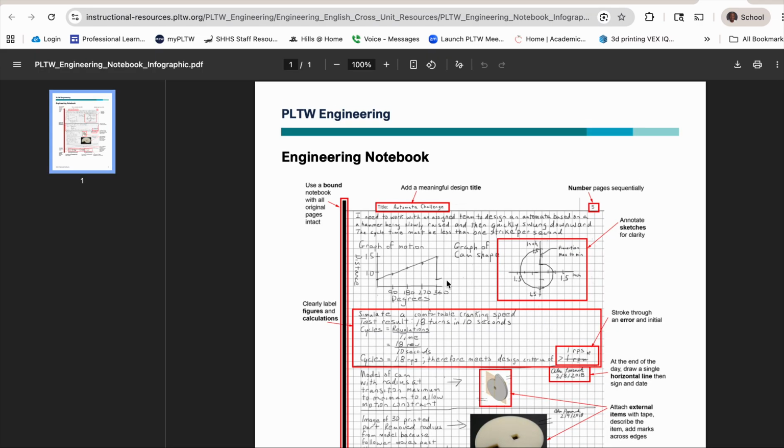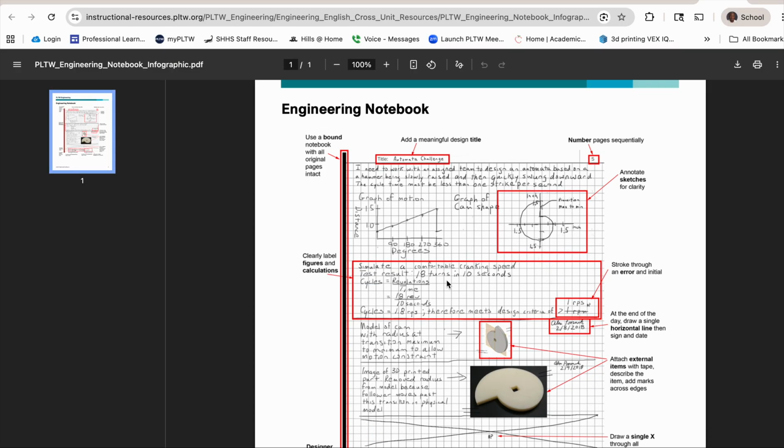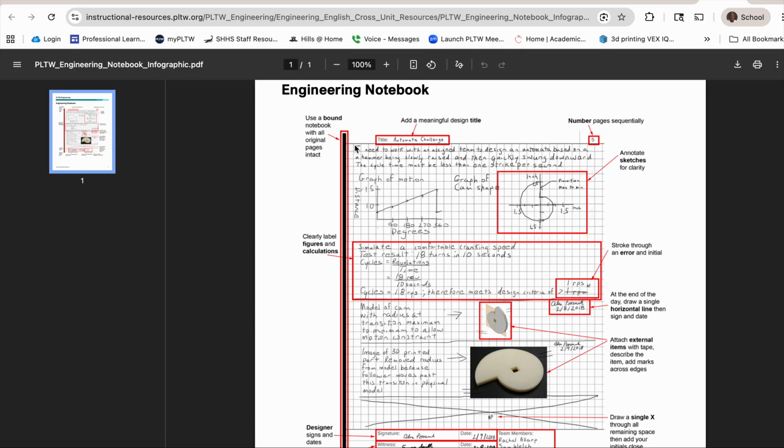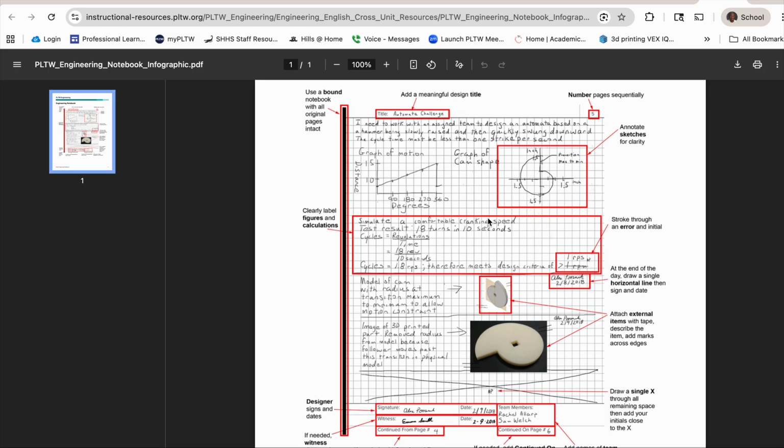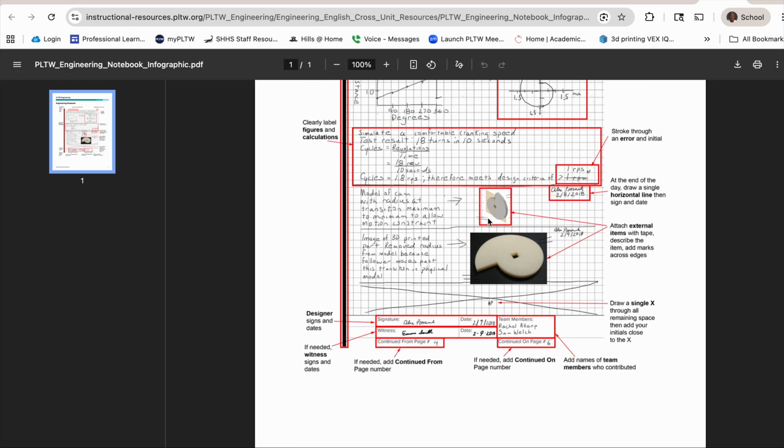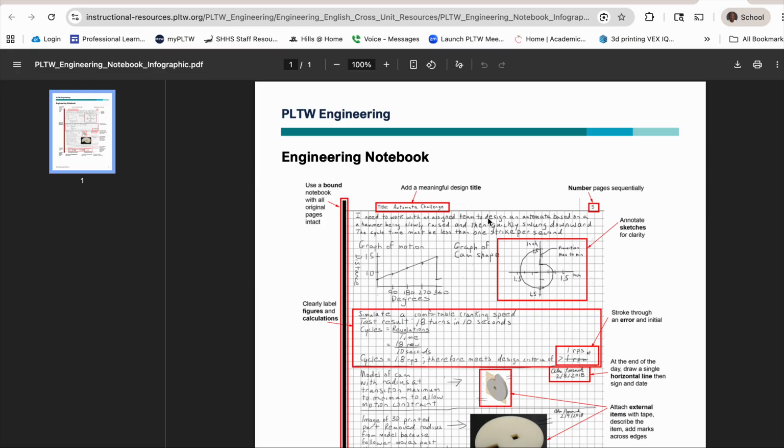Again, this is another example of the same page, which tells us that the notebook is bound and everything we use in there, and that gives us that information.